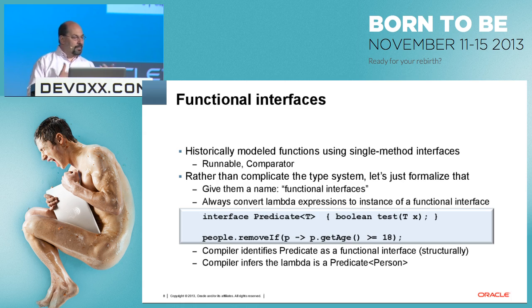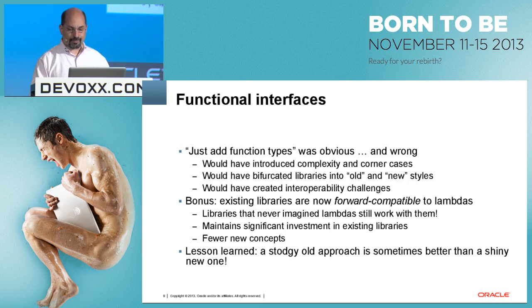And then type inference says that, in fact, the lambda expression converts to Predicate of Person and infers P as being Person. So this is actually a lot simpler than the, quote, obvious way to do it, and is more in line with how we've been writing libraries in Java from day one.